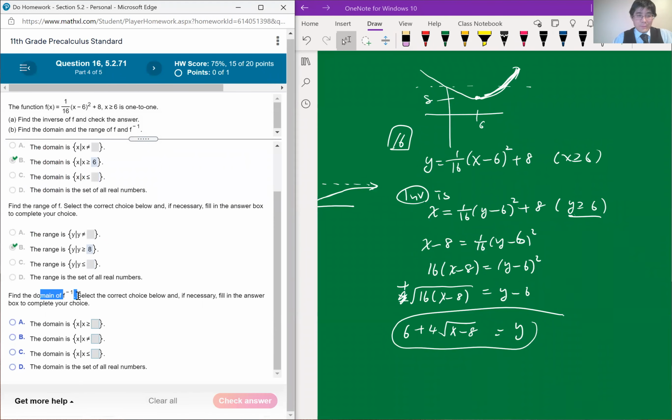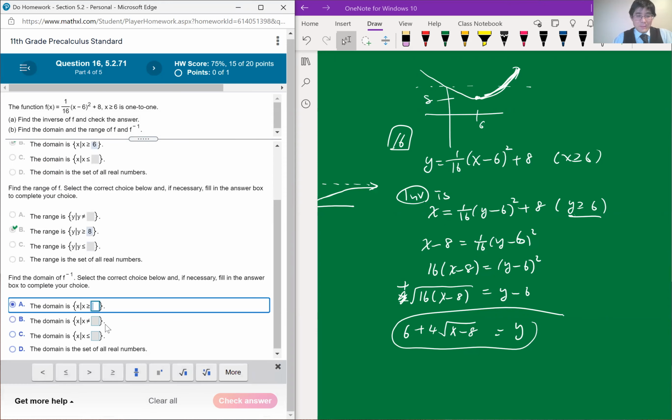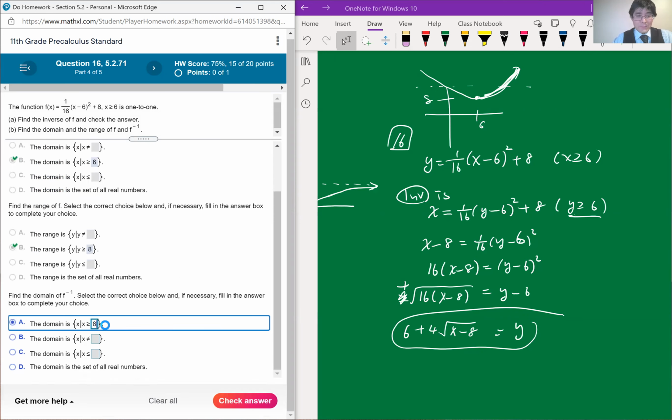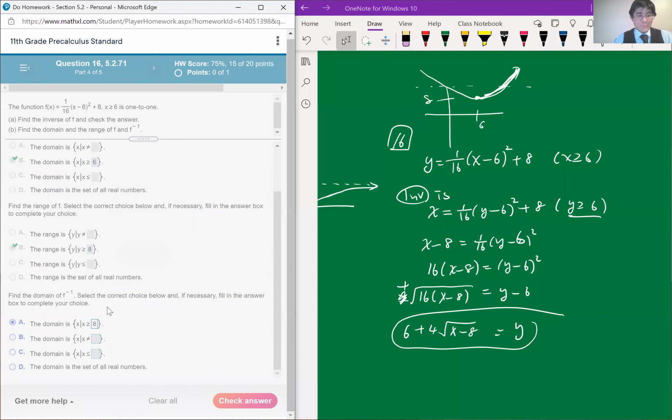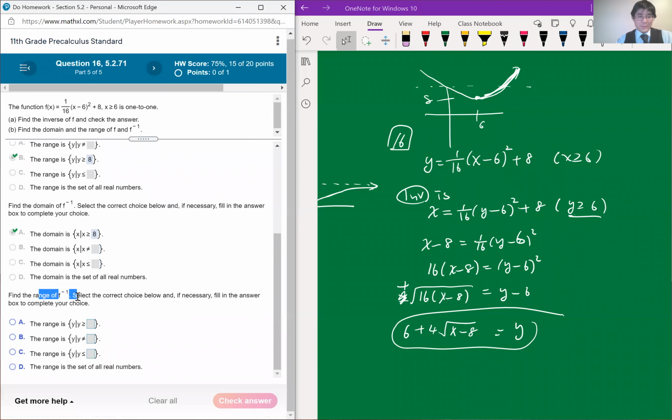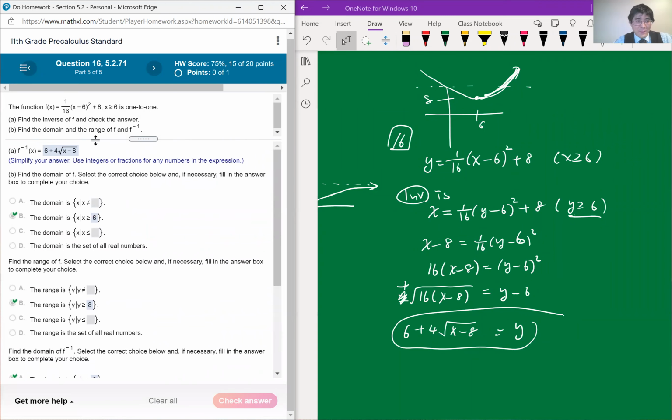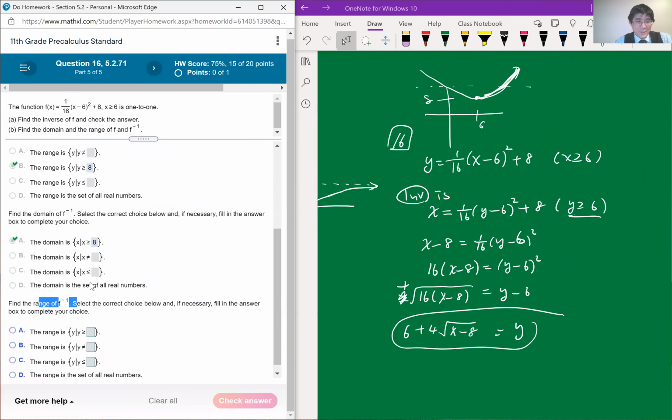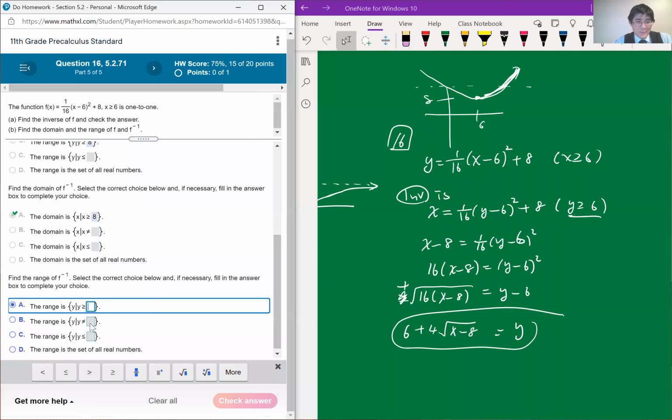The domain of f inverse is the same thing as the range of f. So I'm going to just copy this one. It should be greater than or equal to 8. Range of f inverse is the same thing as the domain of the original function. So what is the domain of the original function? It is greater than or equal to 6. So y is greater than or equal to 6.